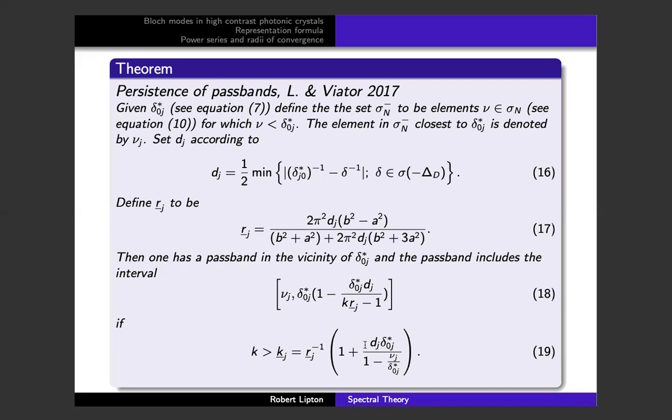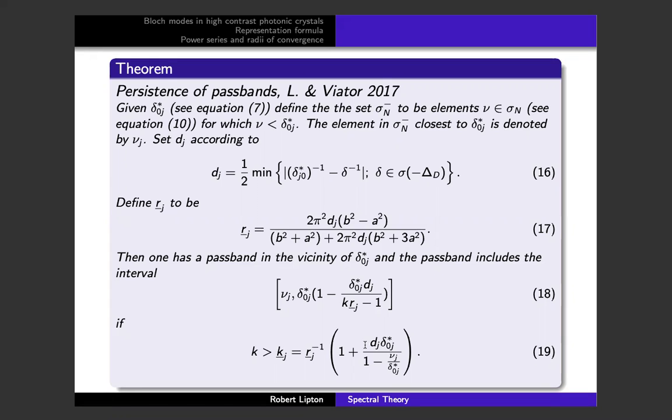Certainly this interval will be a subset of a pass band, provided at 19 that k is bigger than this k lower bar given explicitly. So these are the quantitative estimates. I was just hoping to say this much during the lecture. Now I'll just discuss briefly the proof.